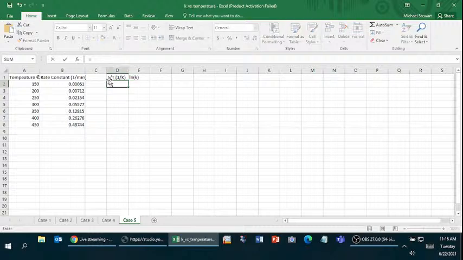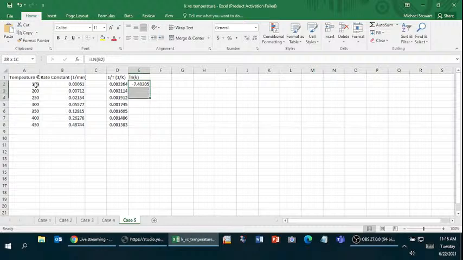So the 1 over temperature is 1 divided by the Celsius temperature plus 273. We need to take the natural log of the rate constant k. And these are going to be our x's and y's.